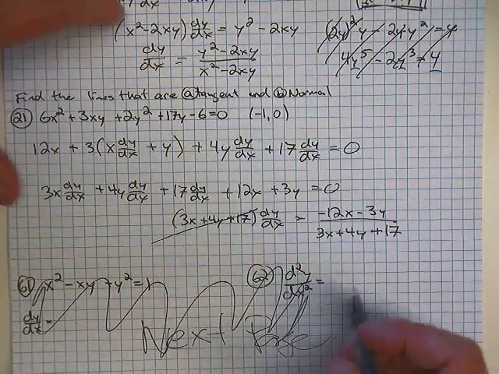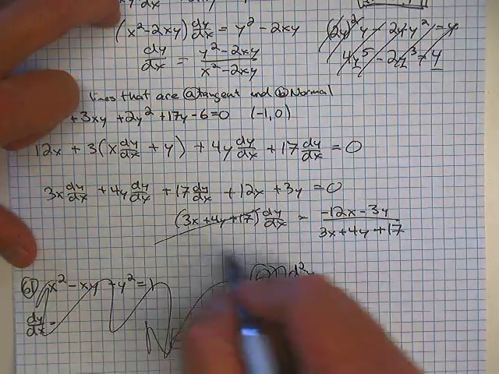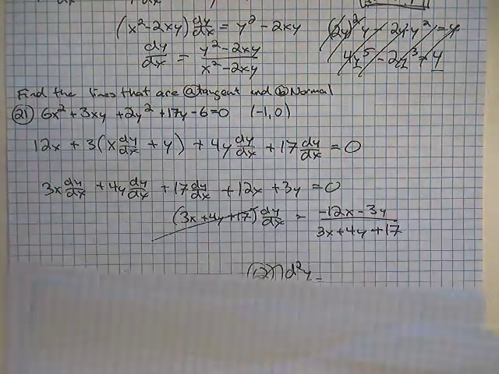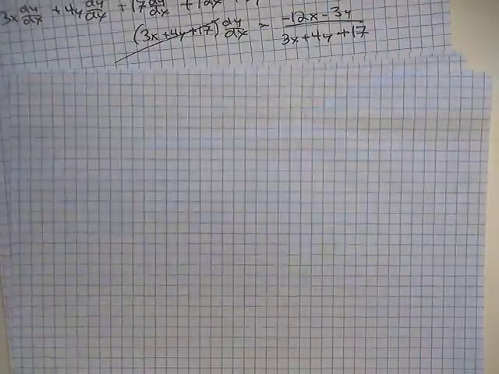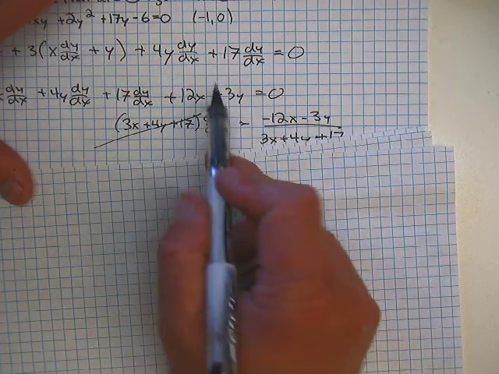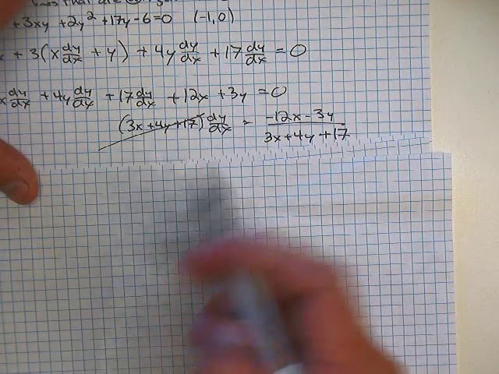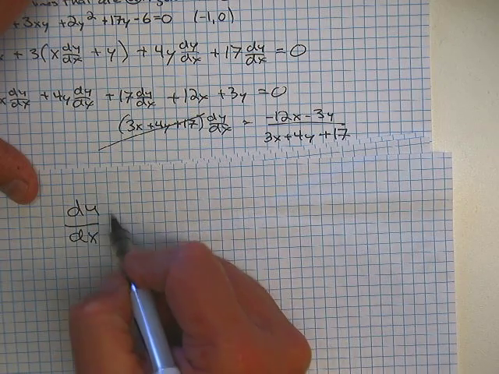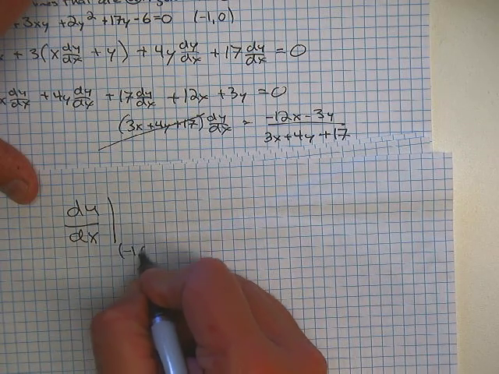So now we want to find our dy/dx at a point, and we've got to remember this little notation that we have. I'll move to another piece of paper. Okay. So remember it says to find it at negative 1, 0. So we're going to do dy/dx at negative 1, 0.